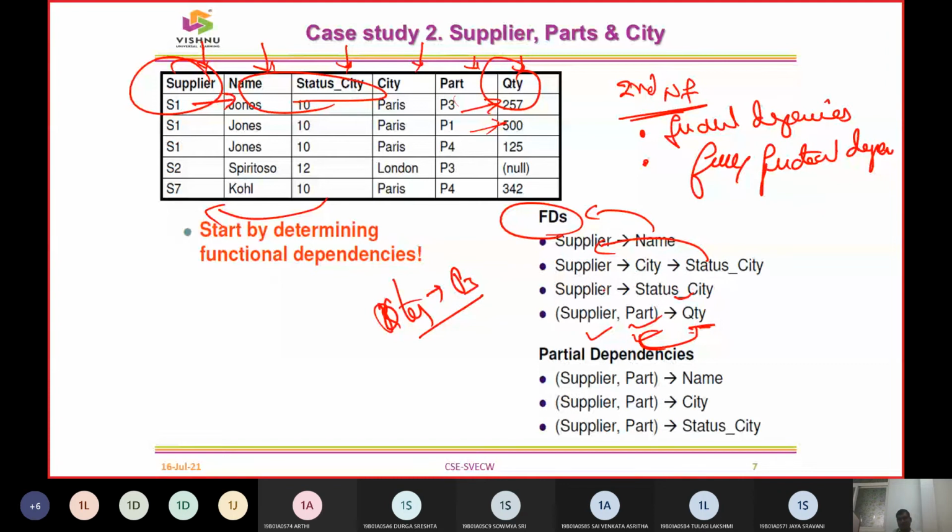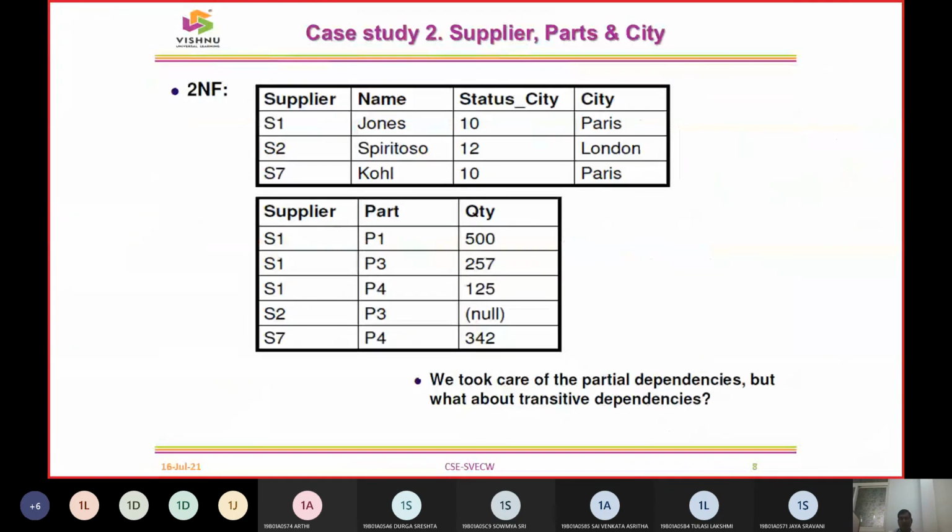City is based on the status. Status city is based upon the supplier, and status city can be taken from the city or to the suppliers. So these are some of the functional dependencies which need to be taken up.